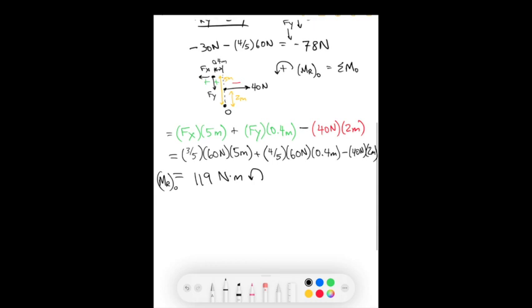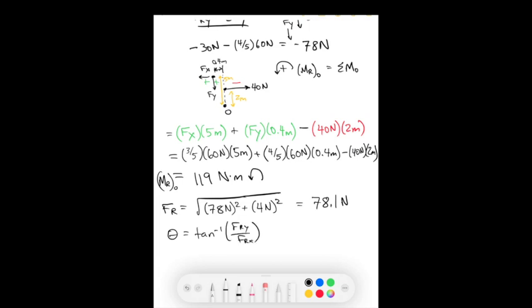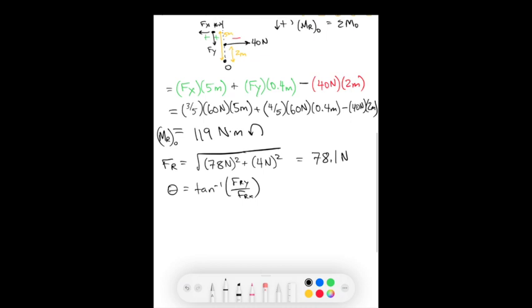Now we can also find the resultant force magnitude, which would be comprised of both the x and the y components. We can find out the direction that it acts. So the angle theta is equal to the inverse tangent of the y over the x.